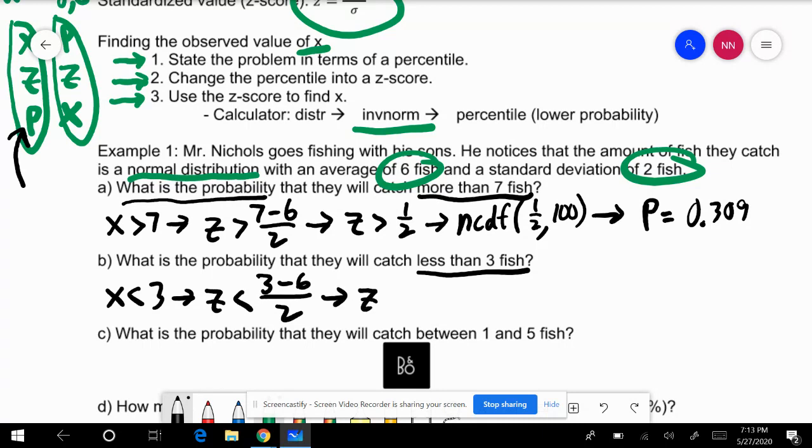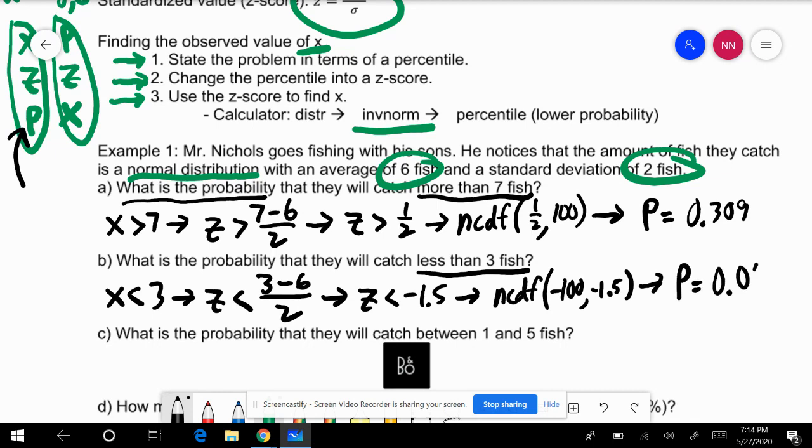That, of course, is negative 3 over 2, which is negative 1.5. Remember, since it's less than, when we do normal CDF, we're going to do negative 100 because that's a large negative number. And then we put in our negative 1.5, and that gives us a p-value of 0.067.